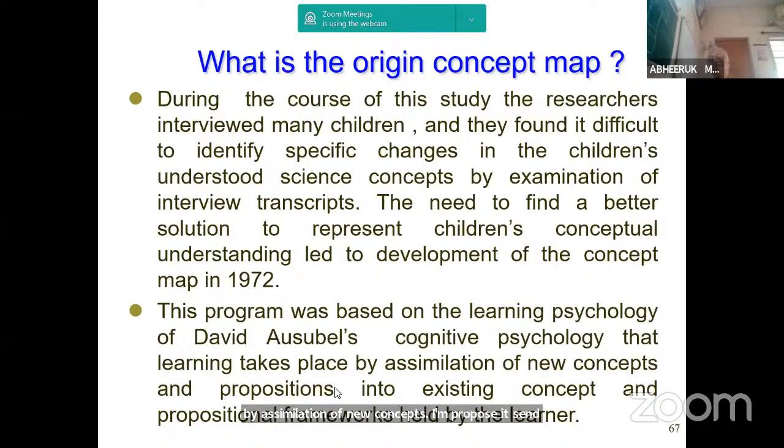When you are teaching, what do you do? Basic concepts you teach, and in the next class or later, you teach the advanced concepts and you show the connection, how these basic concepts are connected to the advanced concepts. This way, actually, you teach. Why do you teach this way?